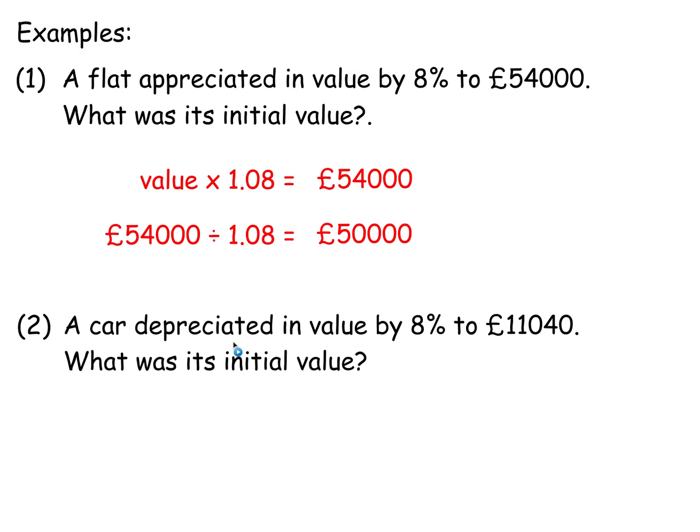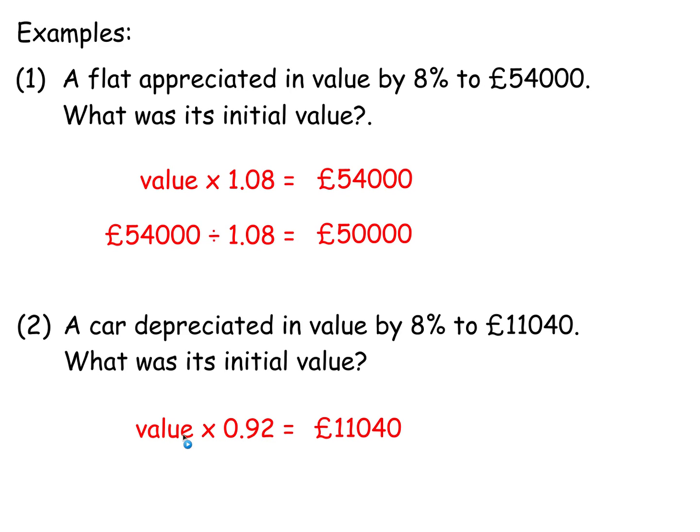Again, here's a car, it's depreciated by 8%, it's now worth £11,040. What was it worth initially before it depreciated? So the value, when it was multiplied by 0.92, that was decreasing its value by 8%, it became 11,040.